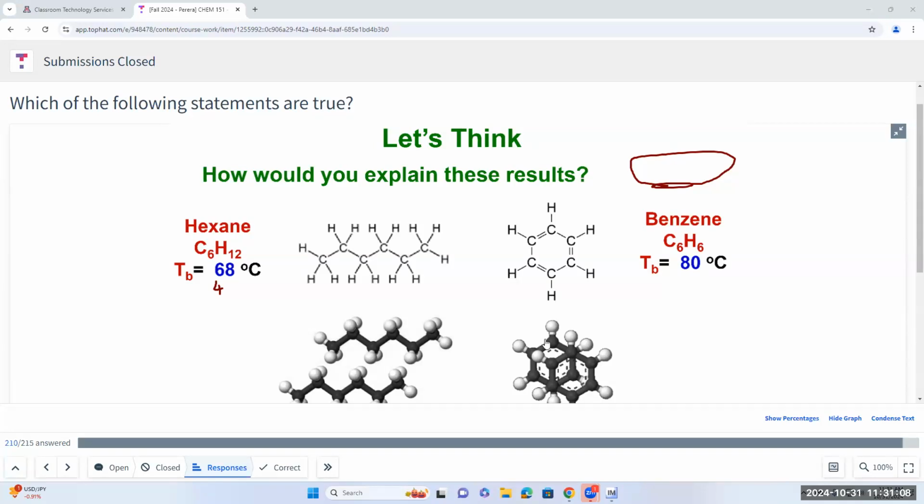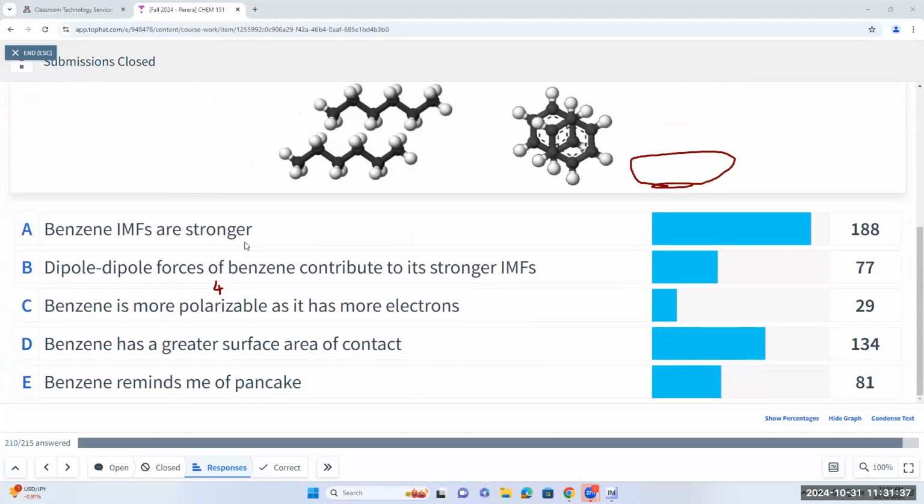These molecules only contain hydrogen and carbon, and we discussed the other day, if your molecule only contains hydrogen and carbon, they are known as hydrocarbons, and they are non-polar for all intents and purposes. Remember we talked about that? So these are non-polar molecules. Non-polar molecules do not have dipole-dipole forces. Please make a note there. So option B is incorrect.